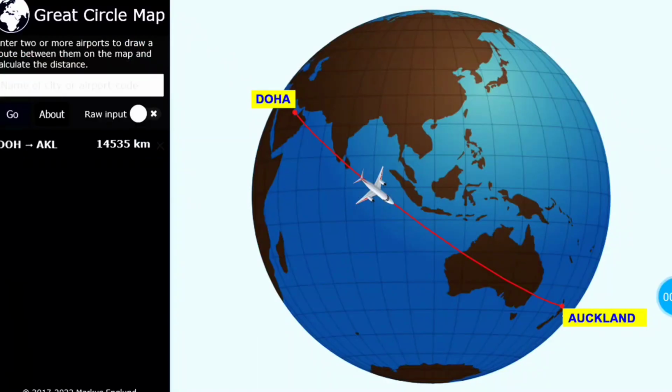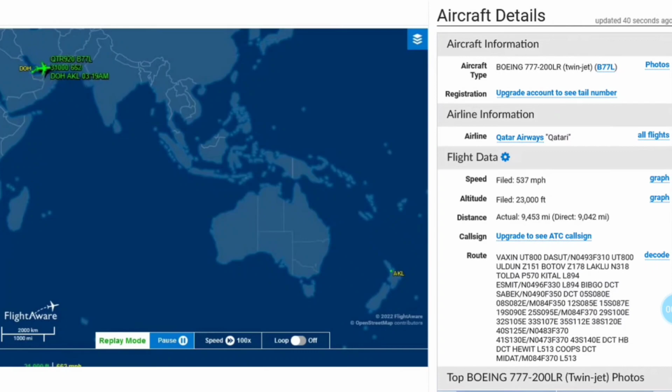Coming from the northwest of Australia, crossing and reaching Auckland, New Zealand, according to the shortest route on the globe calculated by this website called the Great Circle Map. But when we look at the flight route according to Flight Radar, we see that things are not actually like that. So FlightAware has the flight route live, the playback live. As you see there, it goes way south of India and then heads towards the south of Australia.